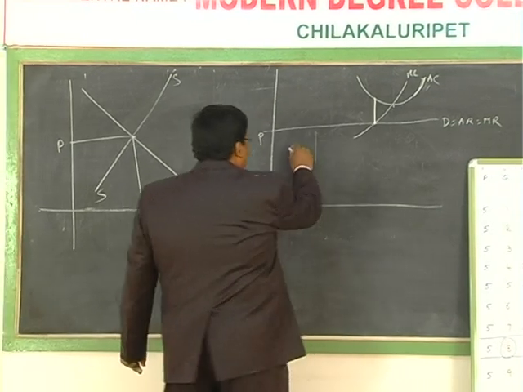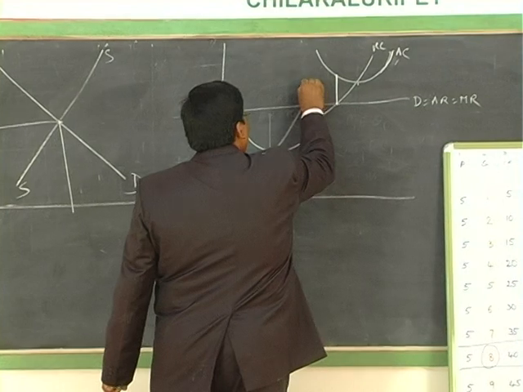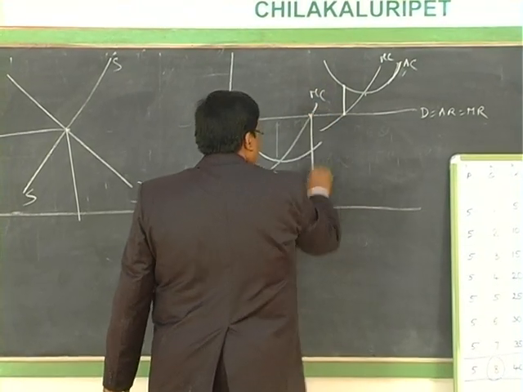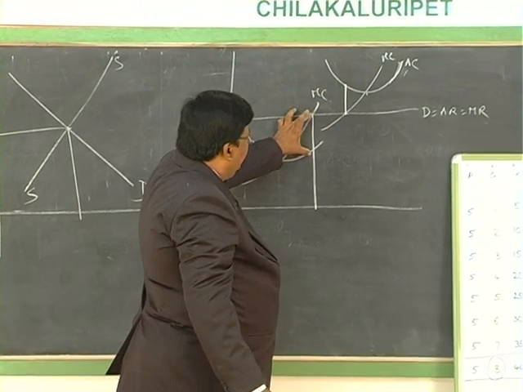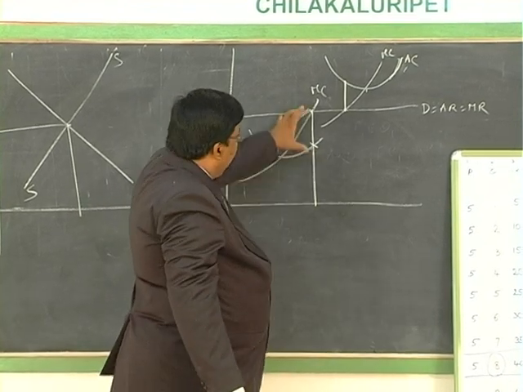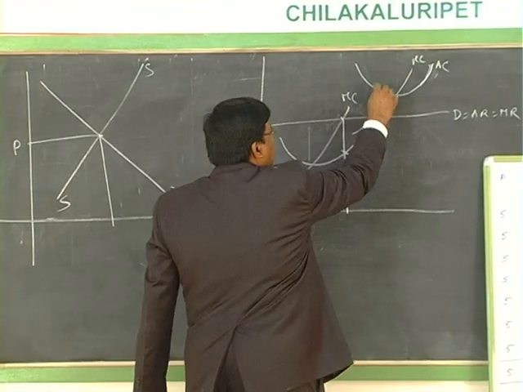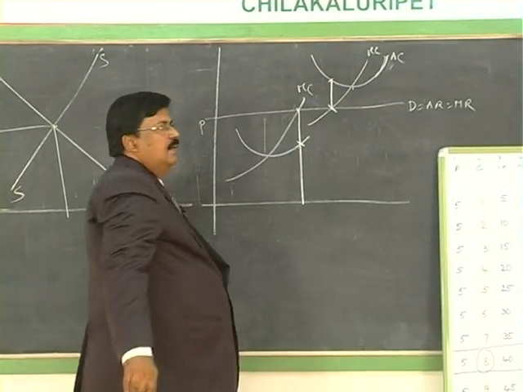Or if the cost conditions are like this, MC, MR intersection, and this is the profit per unit. This is cost per unit, revenue per unit, and this is profit per unit. And if the cost conditions are like this, this is the loss.